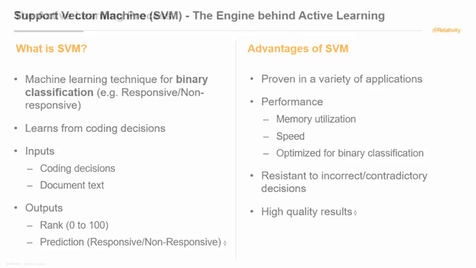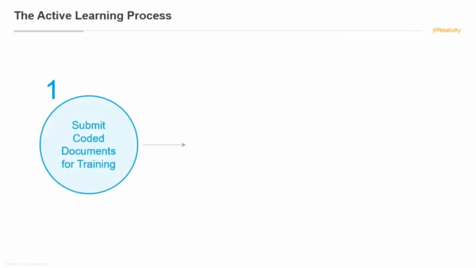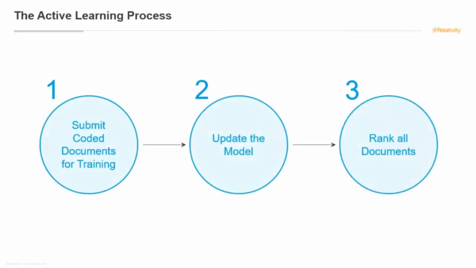So let's talk about the process overall, the active learning process. Active learning basically works by, as we said, we submit the coded documents that have responsive or non-responsive decisions. The SVM model is then going to update based on what it sees, and it does this update in the background every 20 minutes as you're going.